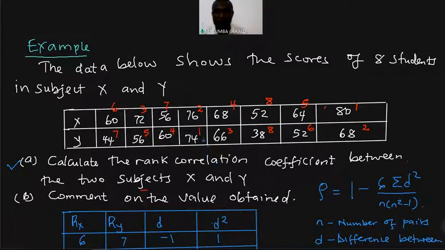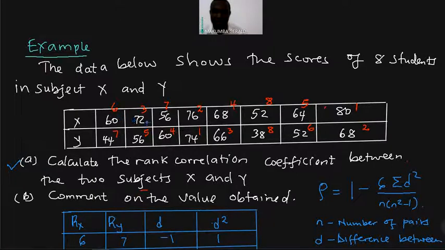Hello, a recap from the previous lesson which we had about rank correlation coefficient. The first example which we had here, you can observe that the positions have become the ranks. So why did they become the ranks?